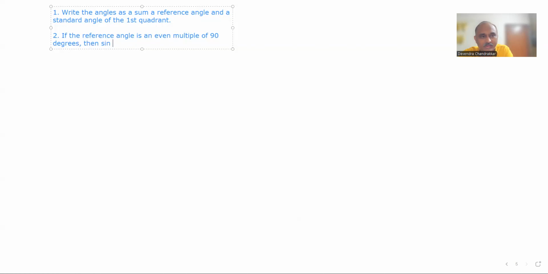Then sine remains sine and cos remains cos of the standard angle of the first quadrant. I'll explain you. Don't worry about it, right? You can note it while I'm typing it, but I'll explain each and every step.